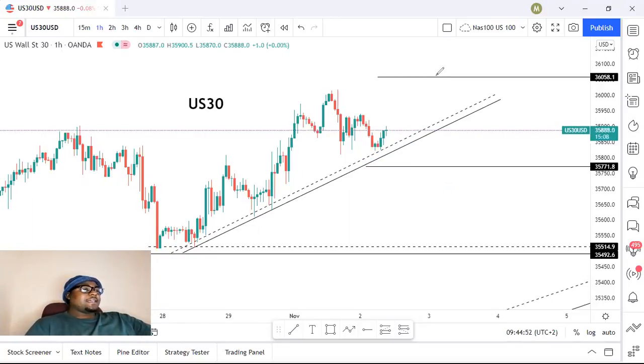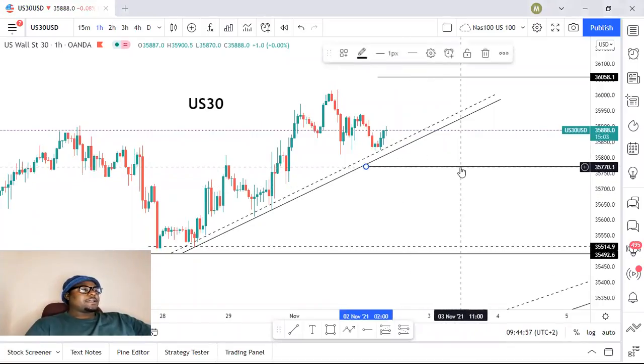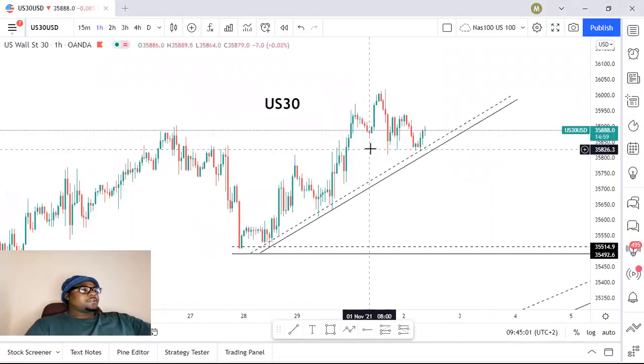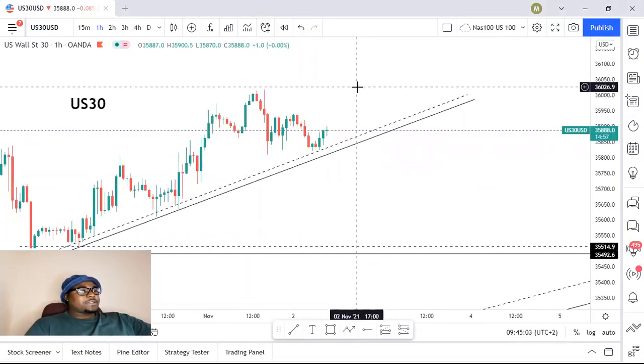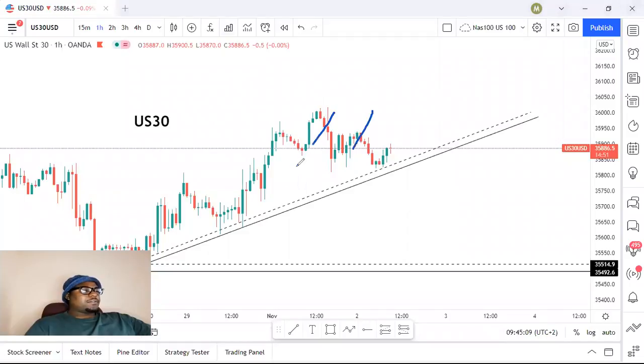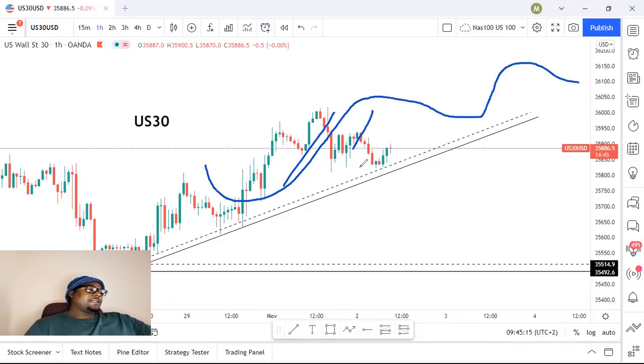Don't complicate your chart, guys. So here, let me just remove this. The chart should be clean. So you see, this is like your table. You're working on this table. Make sure it's clean every day, because too many lines, too many moving averages, whatever, they just make things worse on your analysis.